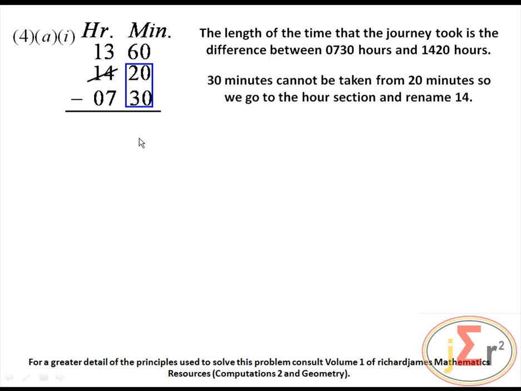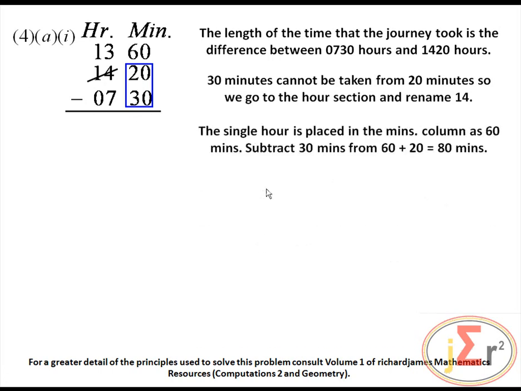Here, this hour is converted to 60 minutes. Then we may subtract, because we have 60 minutes and 20 minutes, so that's 80 minutes, and from that we will subtract 30 minutes. The result is 50 minutes. Of course, no problem here. 8 from 13, we have 5. So the duration of the journey is 5 hours and 50 minutes.